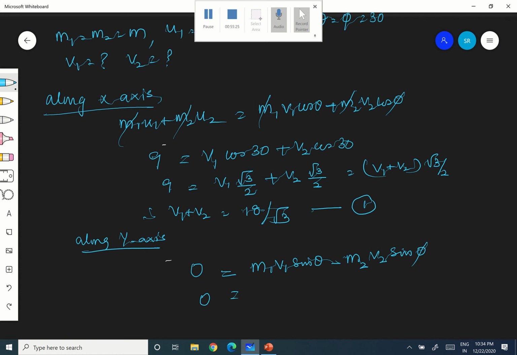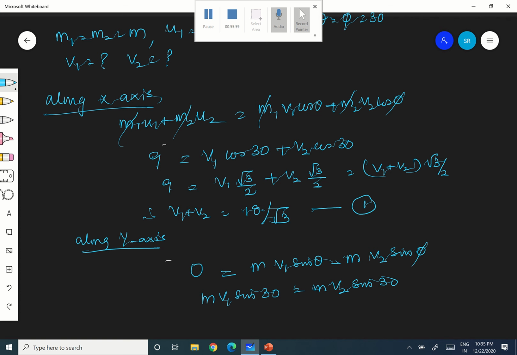Both masses are m only, so why unnecessarily keep m? Therefore, you will be getting m v1 sin 30 equal to m v2 sin 30, because the total is equal to 0.